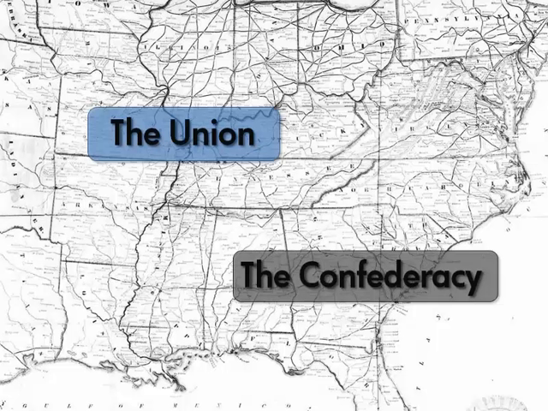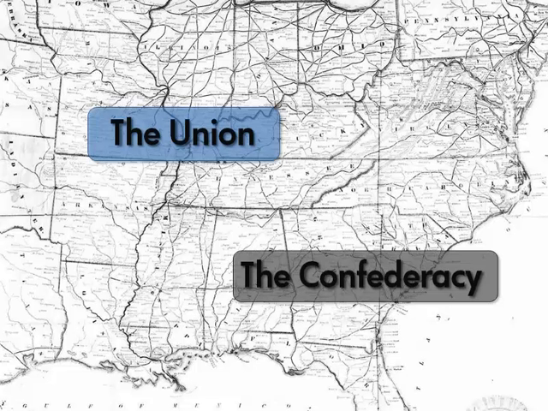So my basic introduction to the Civil War is that the states in the North are in the Union and the states in the South are in the Confederacy. There are also a few states right along the borderline that are considered border states that, generally speaking, stayed in the Union.